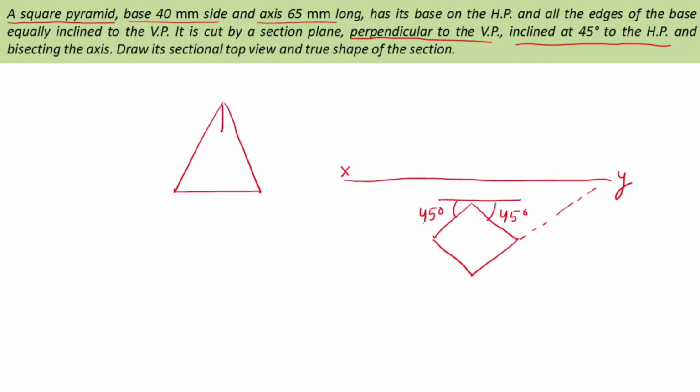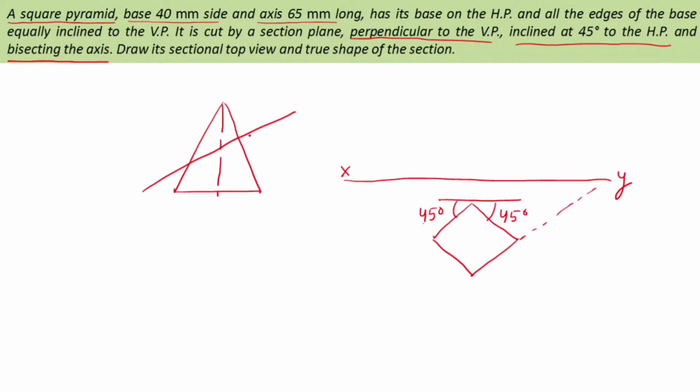So this is the axis, this is our pyramid axis. The cutting plane is perpendicular to the VP, which means our cutting plane is seen as a line in the front view, but in the top view we can see our solid as a sectional view. In the front view it will look like a straight line, and it is also bisecting the axis.